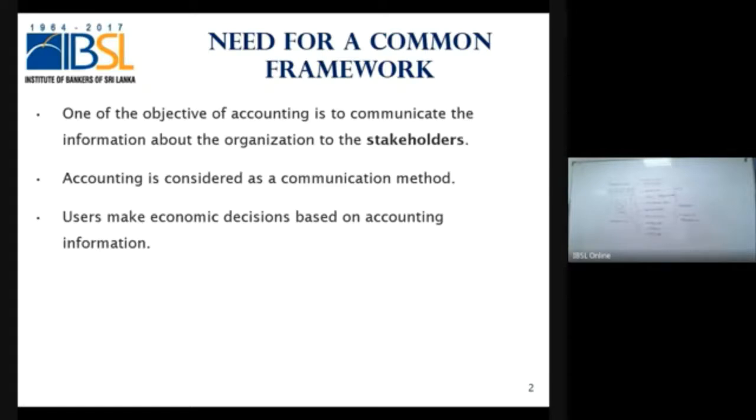Very important term. If you have the note, please underline it. Economic decisions mean decisions that are very profitable or advantageous to you, in terms of monetary value.